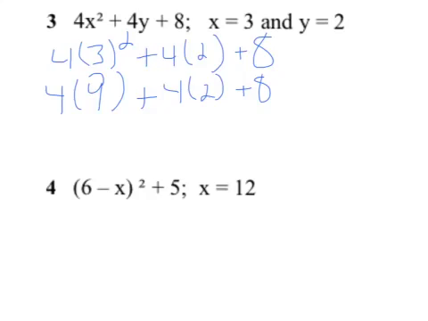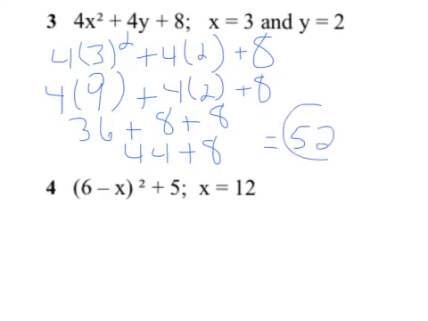Okay, 4 times 9 is going to give us 36, plus 4 times 2 is 8, plus 8 more. 36 plus 8 is 44, plus 8 more will give us 52.